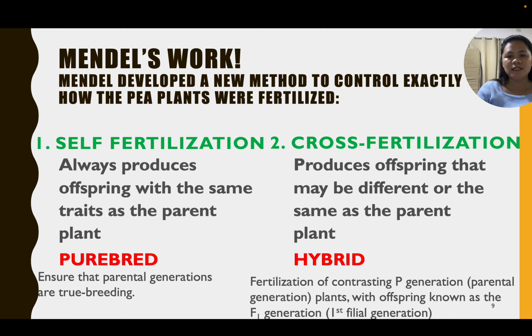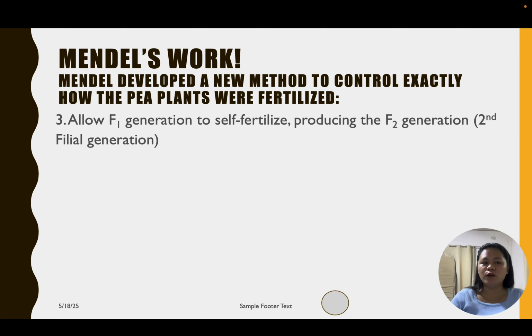Okay? So, the third one, he allowed F1 generation to self-fertilize, producing the F2 generation. So, di ba, meron siyang parent na distinct yung characteristic. So, depende sa kanya, inuna niya muna yung self-fertilization and then cross-fertilization.